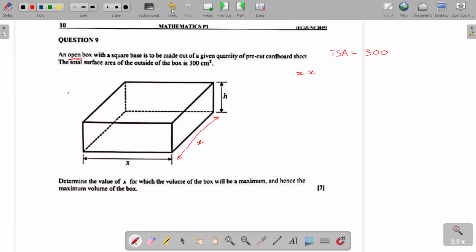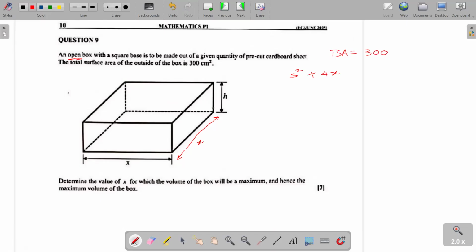We know that to get the area of a square, which is our base, it is side squared. But to get total surface area, we have to add these sides, x, x, x, x, which gives us 4 times x.